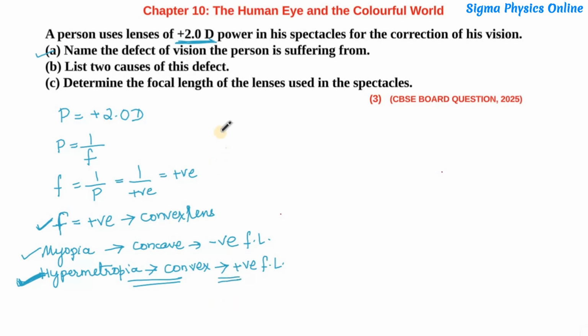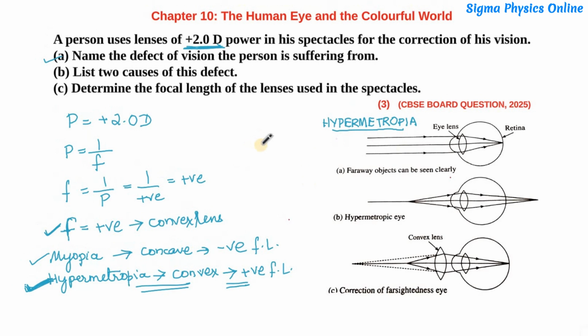Now before going over to the next question, let me explain a little bit about hypermetropia. When a person is suffering from hypermetropia, he can see far objects very clearly, but he cannot see near objects properly. When an object is placed at a faraway point, the image is formed on the retina, because of which a hypermetropic eye can see clearly.